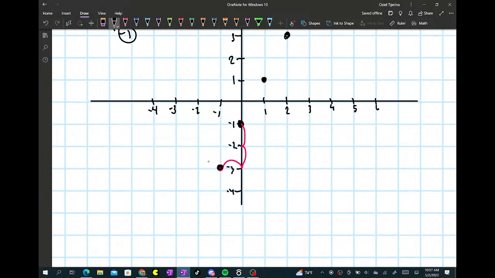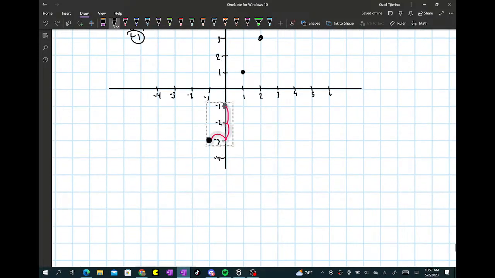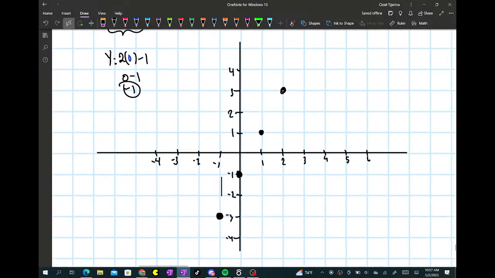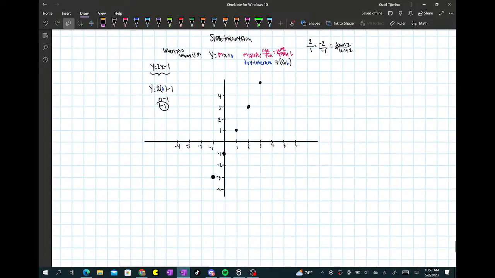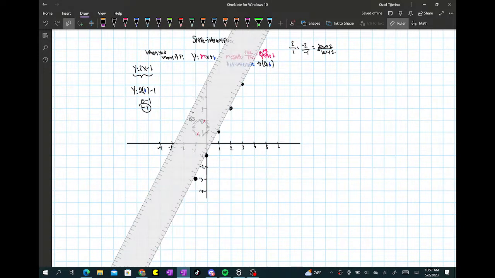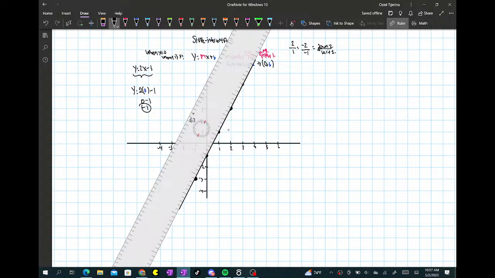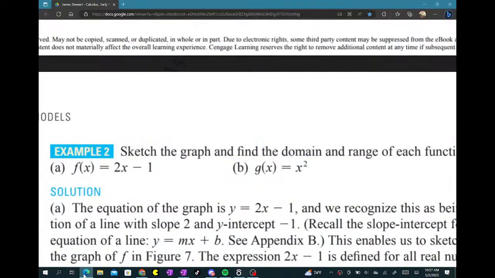So this is right here. 1, 2, 1. So then what we do is we just draw a straight line through the points. And that is how you would graph a linear equation or linear function, right? So that is the main idea of this.